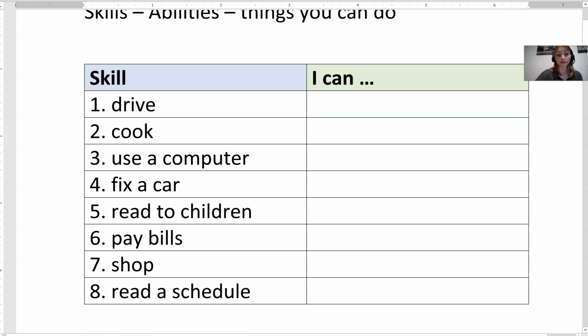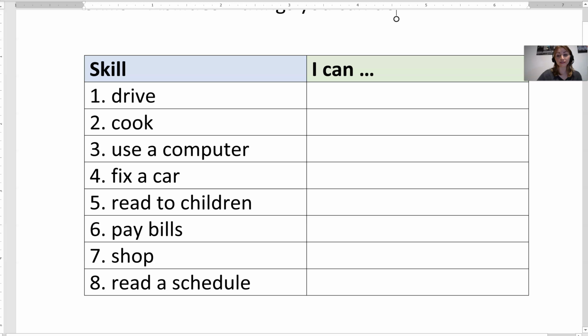Okay, so here we have 8 different ideas. So 8 different skills you can do. They're just examples. First one is drive. Second, cook. Third, use a computer. Number 4, fix a car.